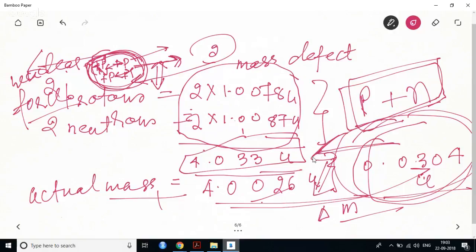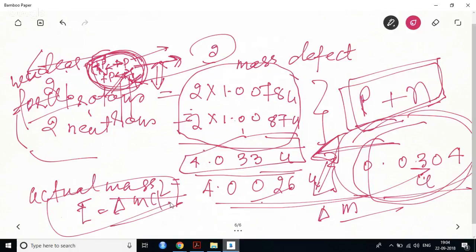And the change of this mass, which is converted into energy, is known as nuclear force, which binds protons and neutrons inside the nucleus, and it overcomes the electrostatic forces working inside the nucleus, plus the combination of gravitational force and electrostatic force. So that's how this change in mass is converted into energy. E is equal to delta m c square.